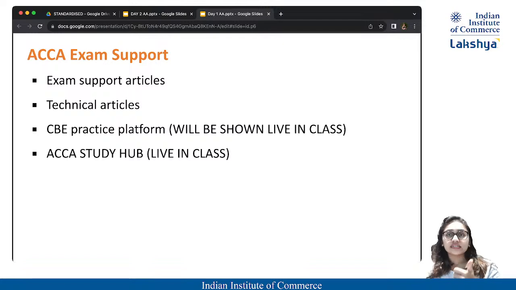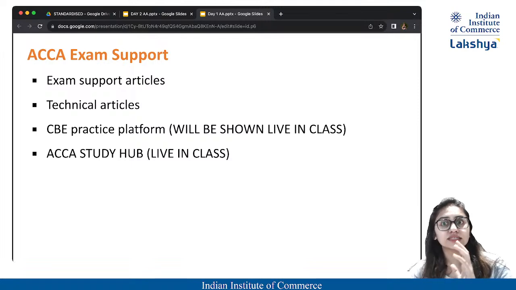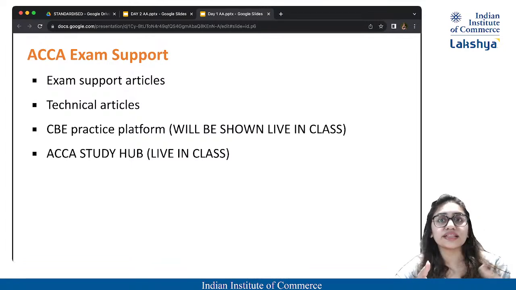Examiner is the one that marks your paper, and reading the technical articles. So when I read the technical articles and when I read the exam support articles, I kind of get an idea of the mindset of the examiner, that okay, the examiner expects the language to be such, or the examiner expects us to answer it in such a way. So that is required, because we are not writing it because we want to tell them what we know.